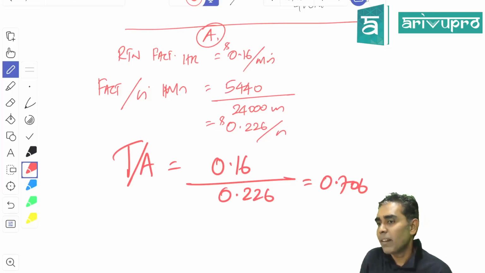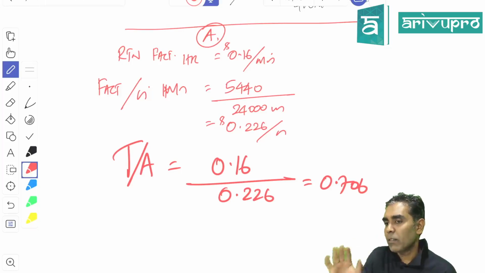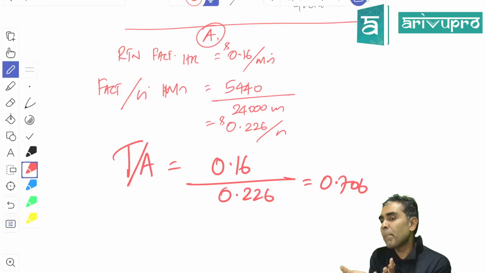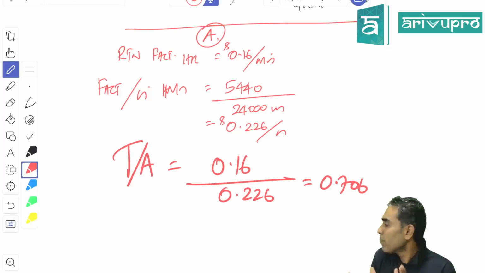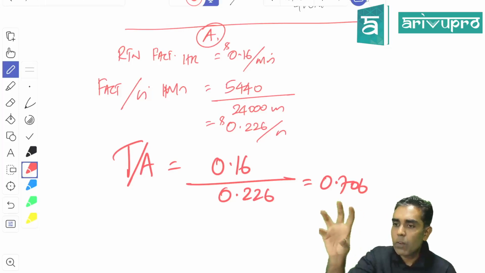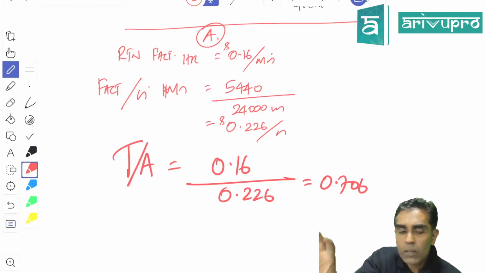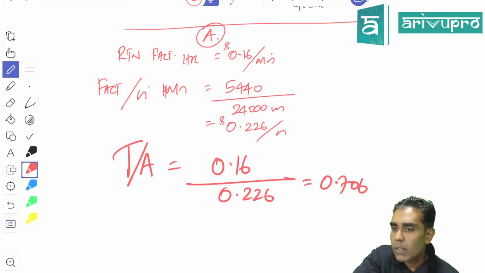Factory cost cannot be done that way. Factory cost is always constant. It's common for the company, not for the product. It is always calculated on the basis of the total. It is never calculated for individual products. Correct?